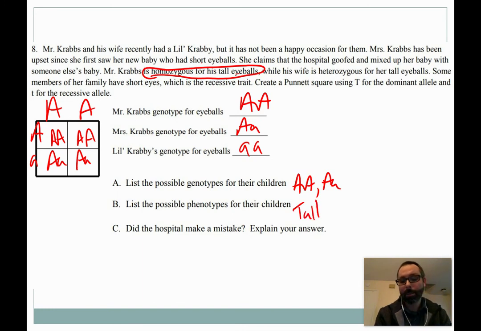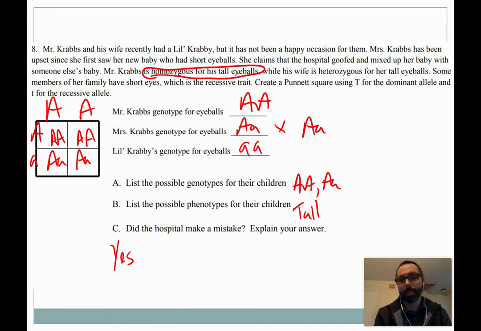So did the hospital make a mistake? Yes. Well, that's one of the options, right? There is another option that maybe you've considered already, which is that maybe there is somebody else out there with a big A, little a, and Mrs. Krabs has a little bit of explaining to do, right? She has a little a. She could have given it.